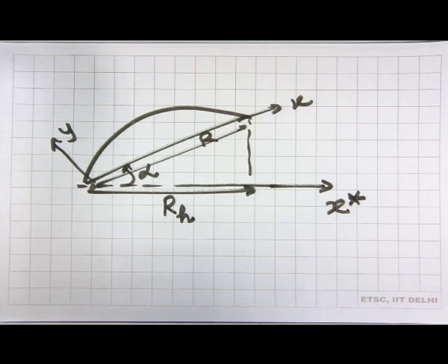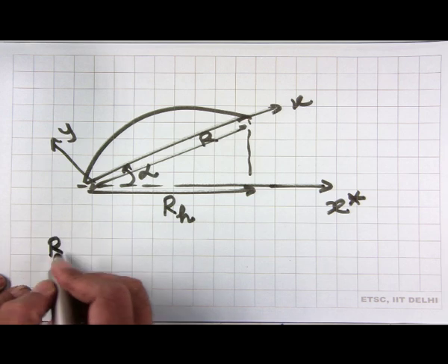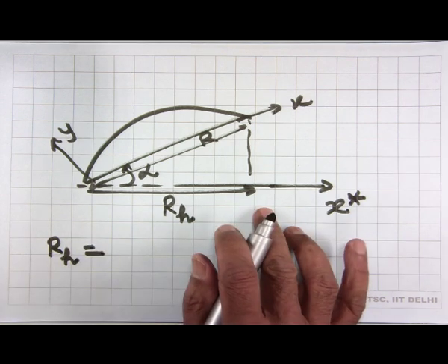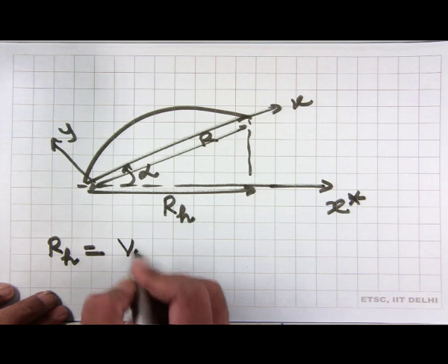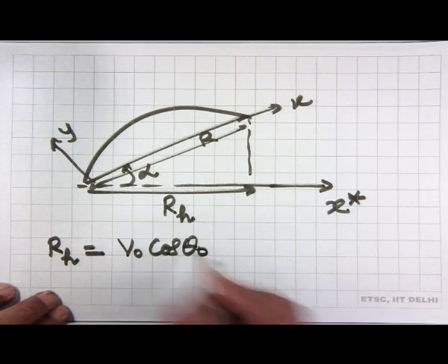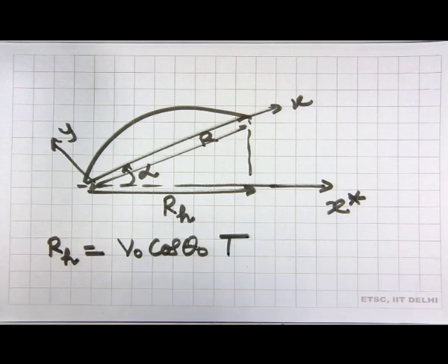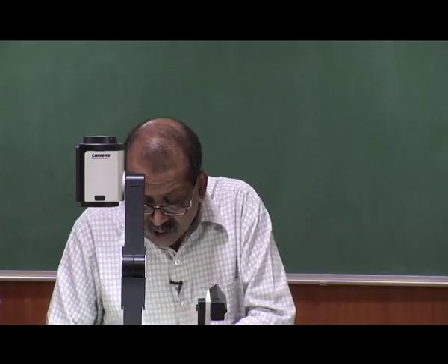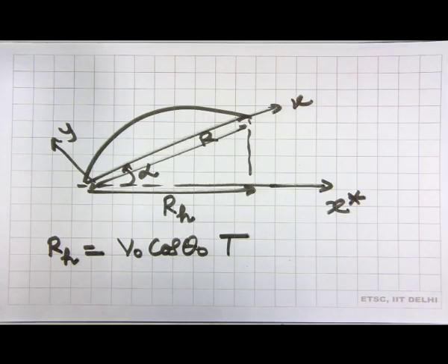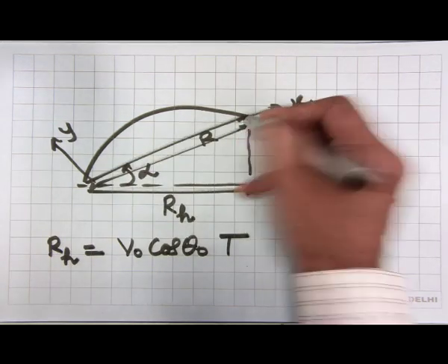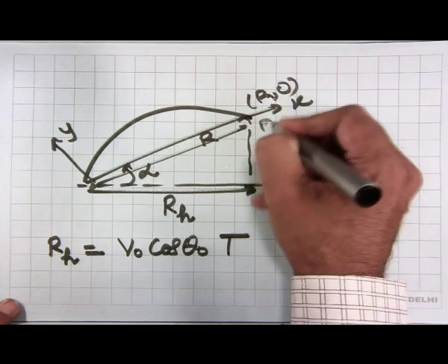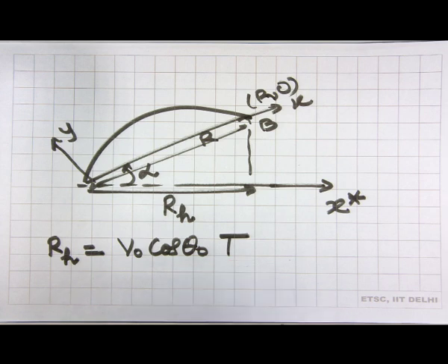Now, r sub h is nothing but v0 cos theta 0 into t, because if I look in terms of x star coordinates, I still have the old equation: the distance travelled is initial velocity multiplied by time, and the time taken to come to position B, which was given as (r, 0), will be the same time capital T.